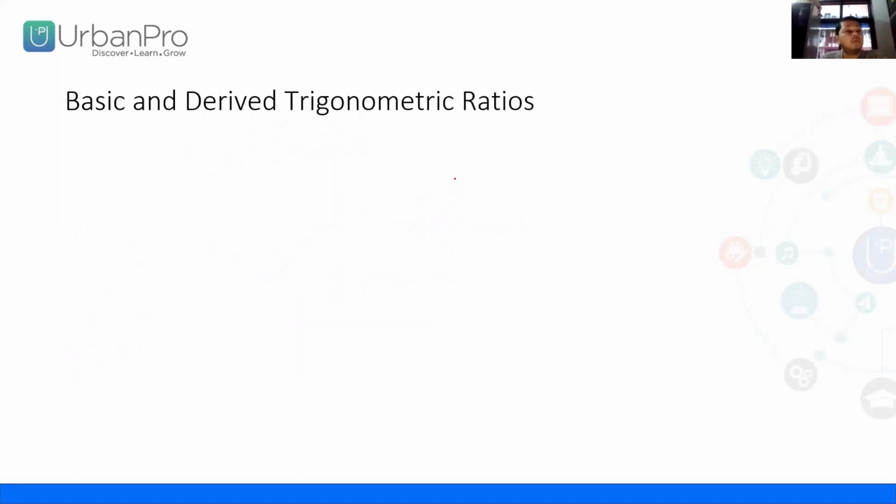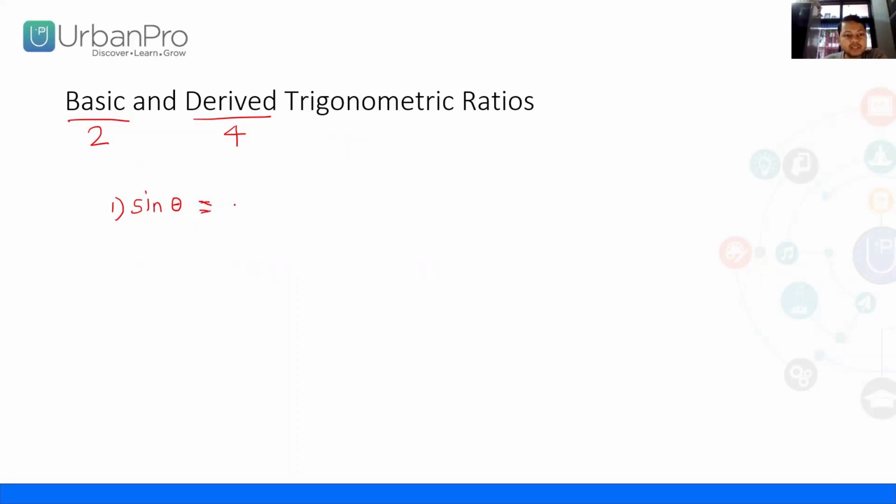Now next, what are basic and derived trigonometric ratios? There are two basic ratios and four derived ratios. If you understand the two basic ratios, you will easily find the four derived ratios. So what are the basic ratios? The first one is sine theta. Theta is the Greek alphabet which we use to denote the angle.